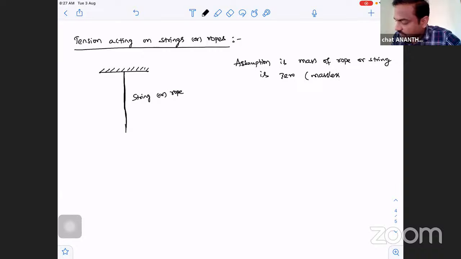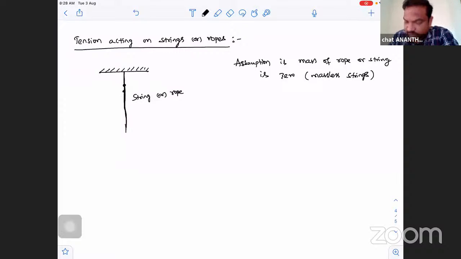That means we are taking a massless string or rope into account. We are not considering any mass of the rope. But in some questions they will include the mass of the rope also, so I'll discuss both the things, how to do it.